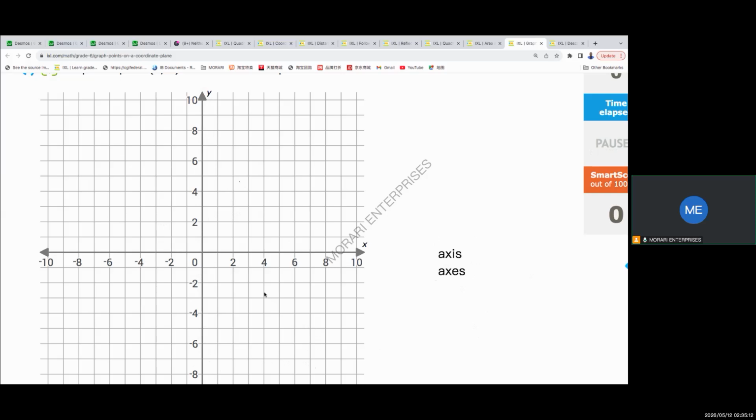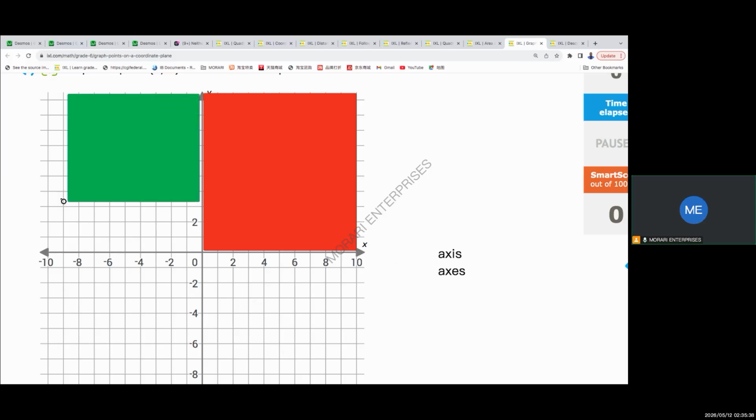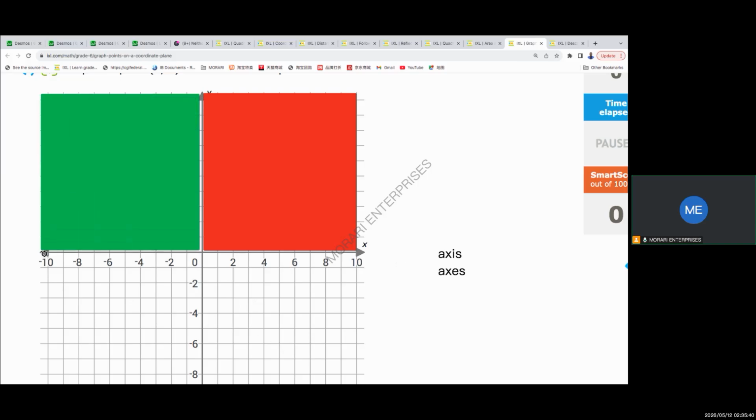All right. So we break this whole map into 4 regions, and each region is called a quadrant. For example, this is the first quadrant. Any point that lies here is in the first quadrant. So we have first, second, third, fourth quadrant. These 2 lines divide the map into 4 regions. We start naming from the first quadrant, then the second quadrant, this region here.